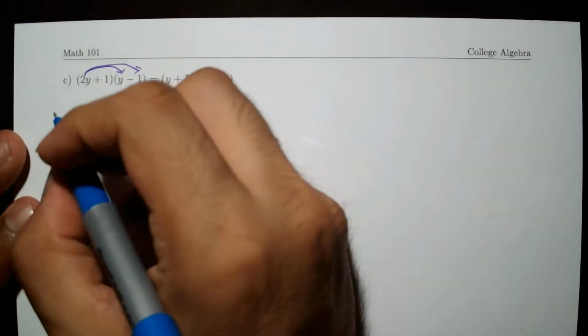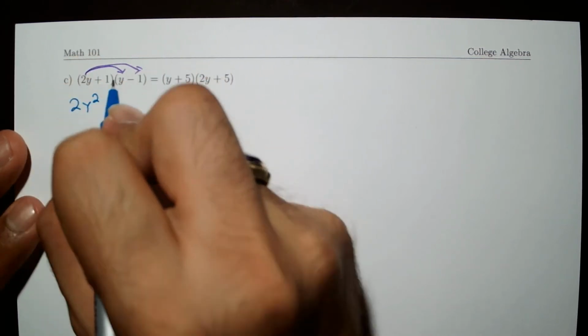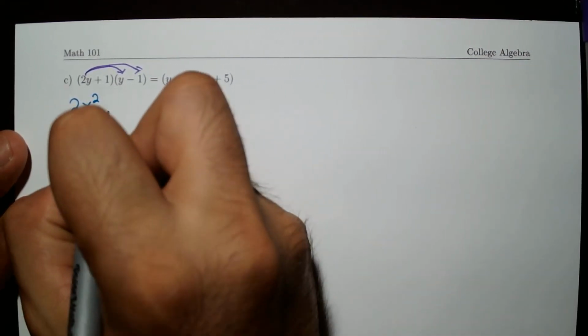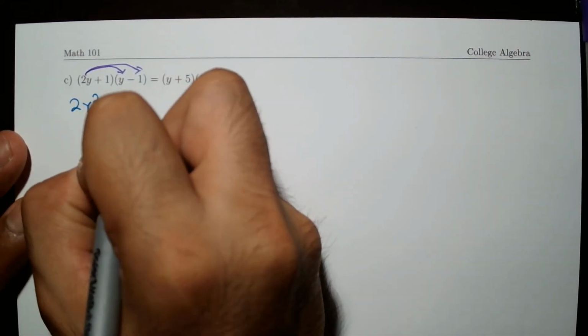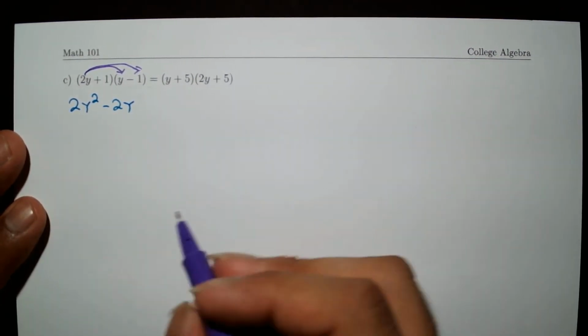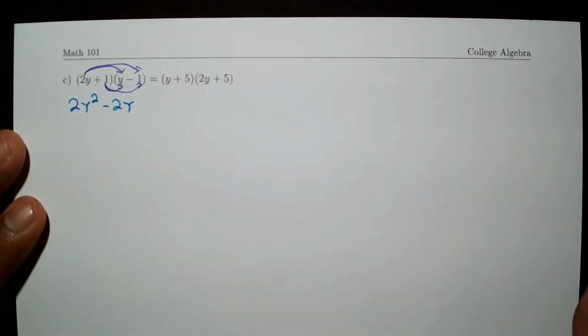2y times y, that's going to give us 2y squared. 2y times negative 1, that's going to give us negative 2y. And then I'm going to do the other part of the FOIL, 1 times y and 1 times negative 1.